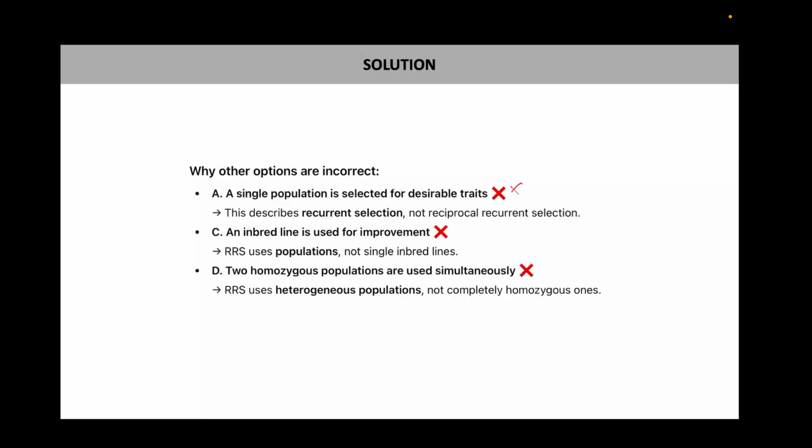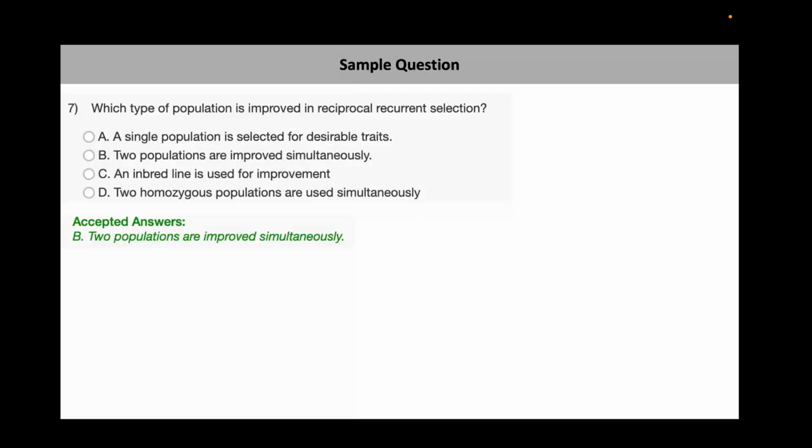So this option is also wrong. Two homozygous populations are used simultaneously. No, two heterozygous populations are basically used, and there is no homozygous population in this. So option D is also wrong. So option B is correct in this case, that two populations are improved simultaneously. This is reciprocal recurrent selection.